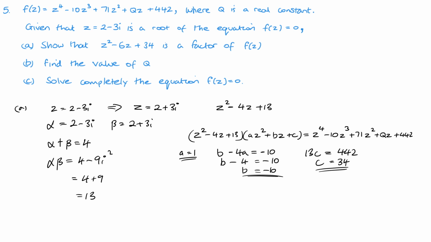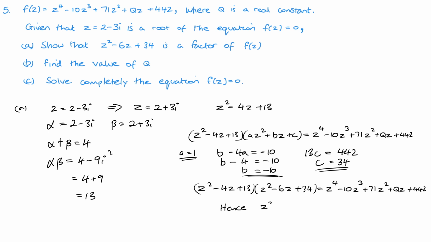So therefore I can say that it is a factor, because we've got our z squared minus 4z plus 13 multiplied by z squared minus 6z plus 34, and that of course is equal to all of this. So you can say hence z squared minus 6z plus 34 is a factor.